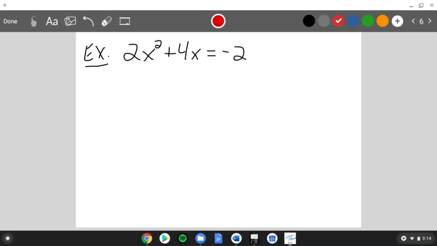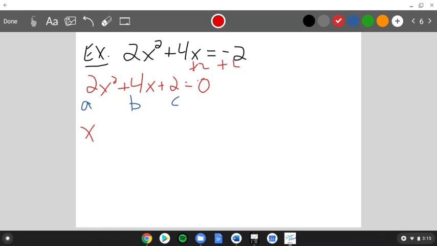This problem is not quite ready in standard form. We want it to equal 0, so we have to add that 2 over to the left side. 2x squared plus 4x plus 2 equals 0. So A is 2, B is 4, C is 2.